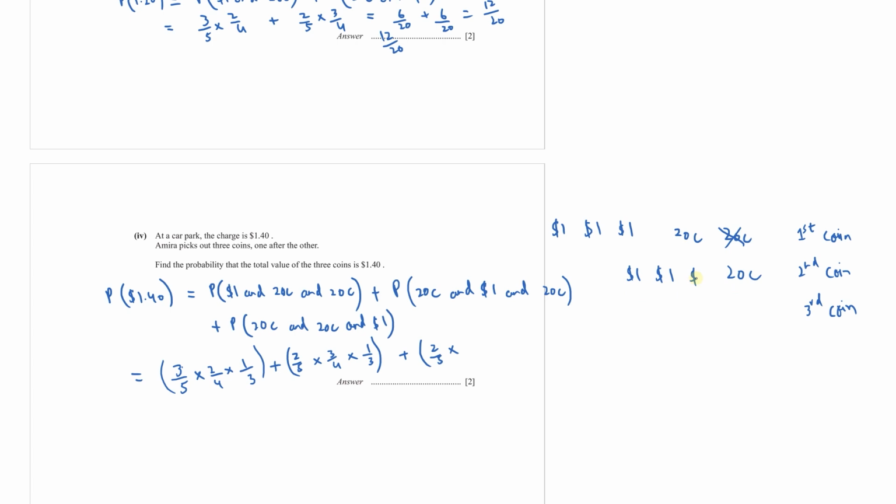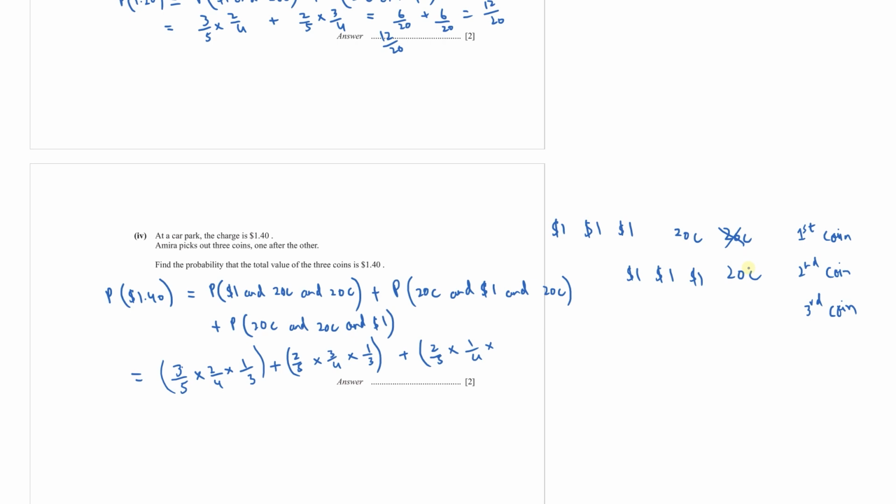It is 1 over 1, 2, 3, 4 coins. So 1 over 4. And so you're picking 20, 20, and then $1, right?